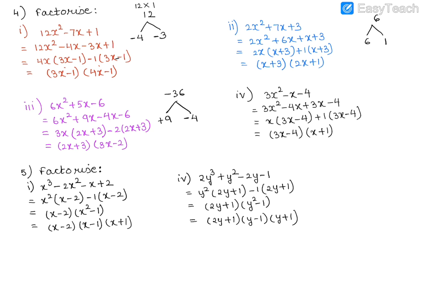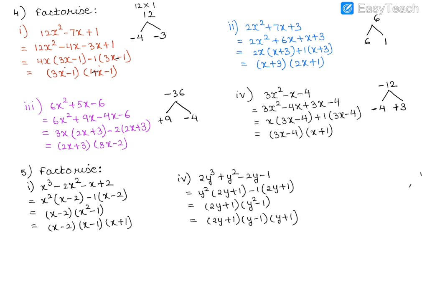The last one over here, I multiply 3 into minus 4, which is minus 12. What are we looking for? That's the first and the last term when you multiply. Now I'm looking for its factors, and I require a minus 1 in the center. So what will the factors of 12 be? 4 and 3, whose difference is 1. So I want a minus 1, and accordingly I give it the signs minus 4 and plus 3.